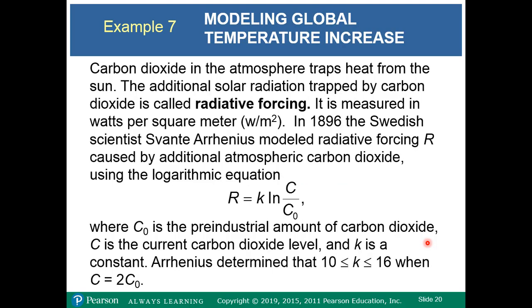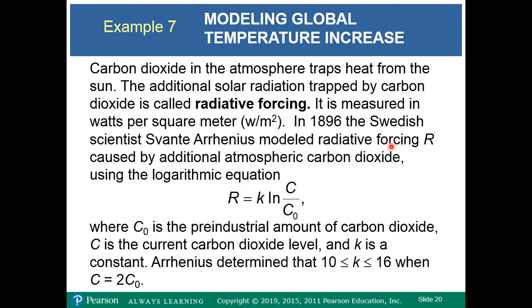Now, what about modeling global temperature increase? Well, carbon dioxide in the atmosphere traps heat from the sun, and the additional solar radiation trapped by the carbon dioxide is called radiative forcing. It is measured in watts per square meter.